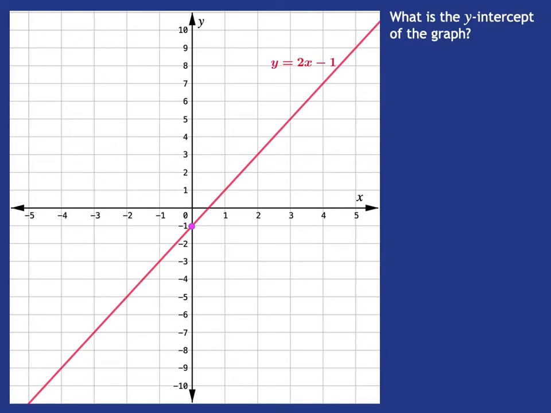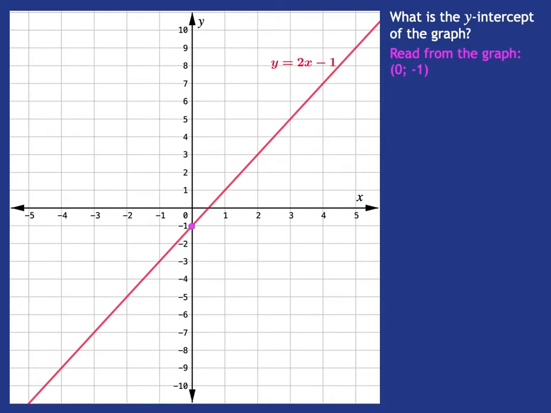What is the x value there? Well, you're on the y-axis. That means you haven't moved anywhere left or right. So your x value is 0. So the point where you cross the y-axis, the y-intercept, is the point where the x value is 0 and the y value is -1 in this case.